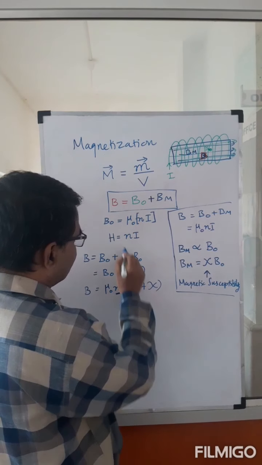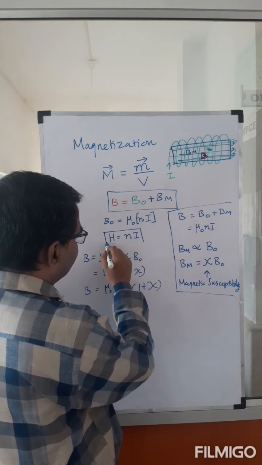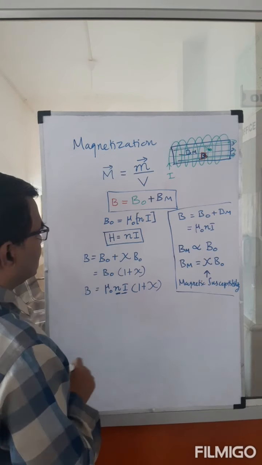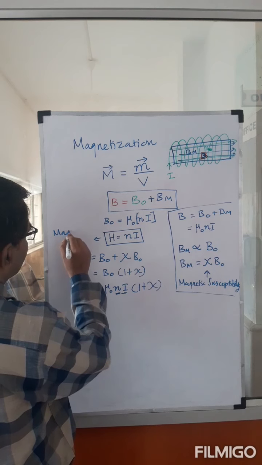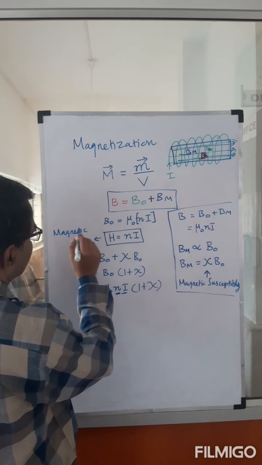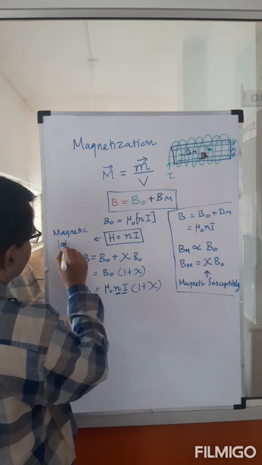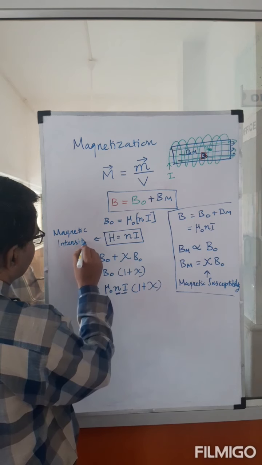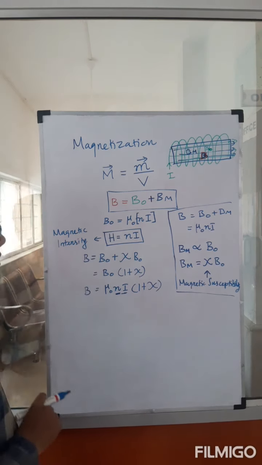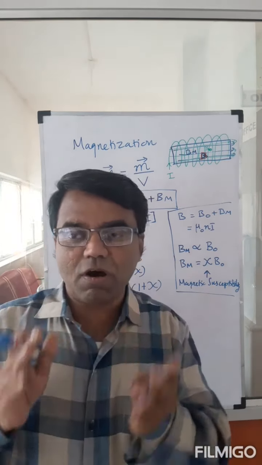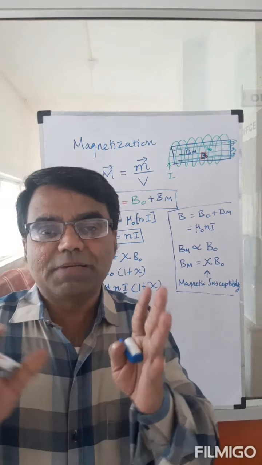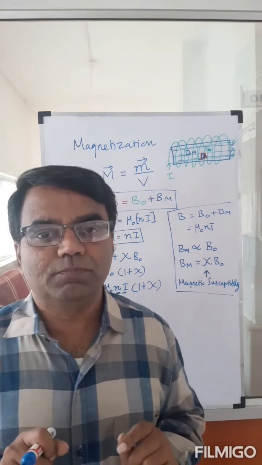So this nI, which I got here, is called the magnetic intensity. H is magnetic intensity. It's n into I. So H is that part of this magnetism that you can control.